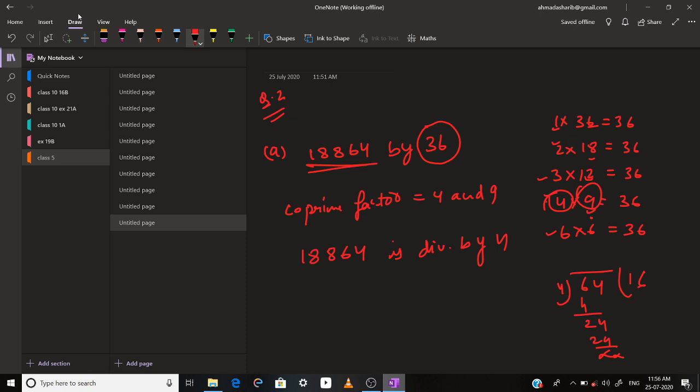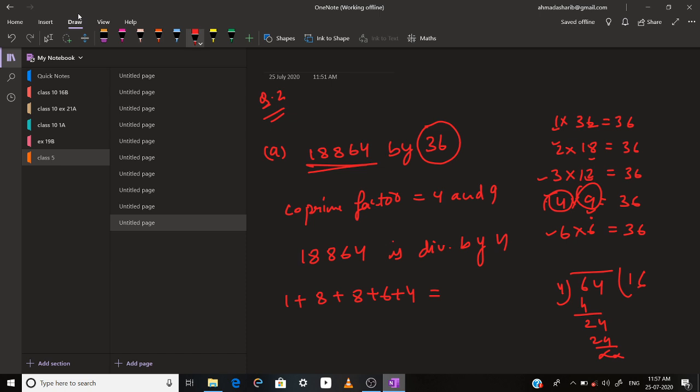And how are we going to check the divisibility by 9? I have told you we have to find the sum of the digits. So 1 plus 8 plus 8 plus 6 plus 4. So 8, 16, 17, 17 plus 4 is 21, 21 plus 6 is 27. So is 27 divisible by 9?